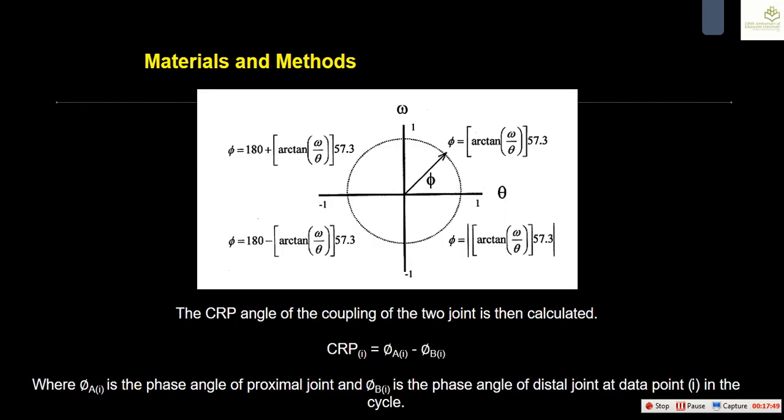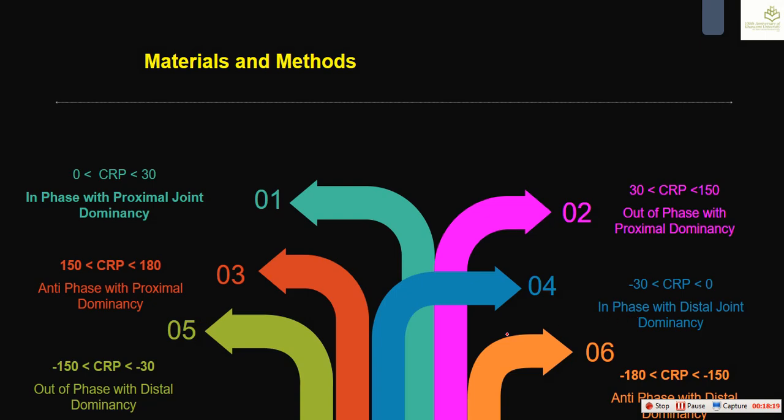After that, we calculated the CRP angle of the coupling of two joints by subtracting the proximal from the distal joint phase angle. This formula gave us 100 data points of CRP values, and each value has a different meaning.